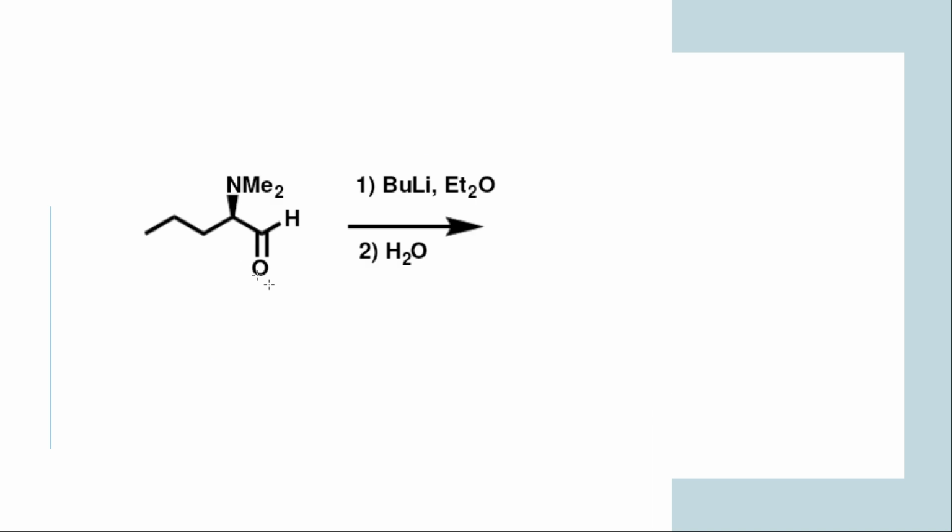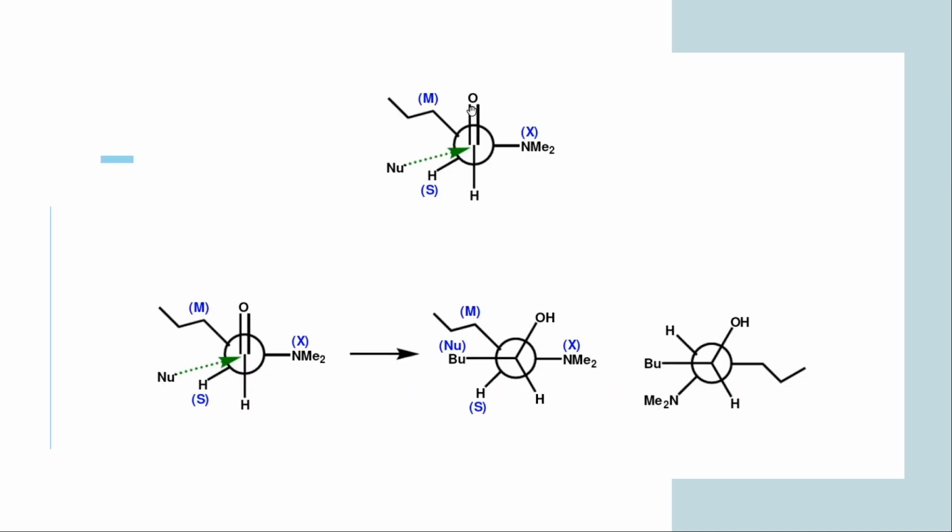This is the substrate that is given. By following the rules of the Felkin-Anh model and the Cieplak model, first you have to arrange the carbonyl group and the aldehydic proton in this linear manner.